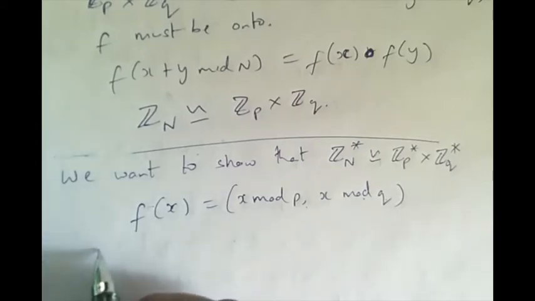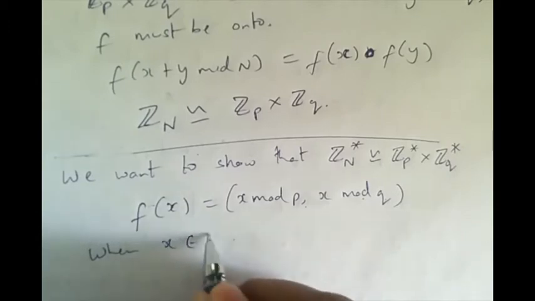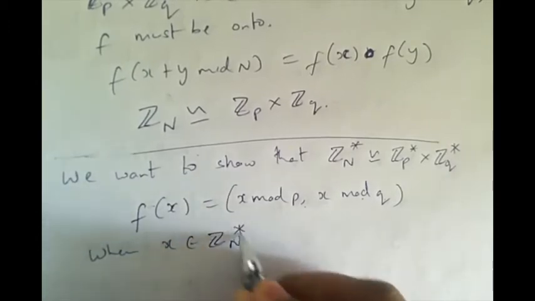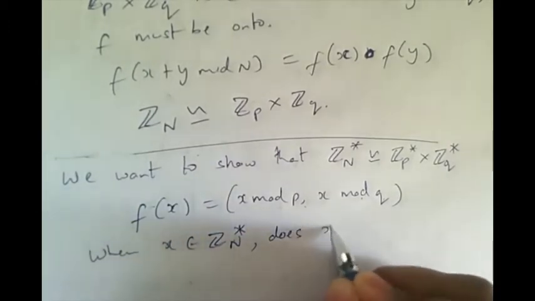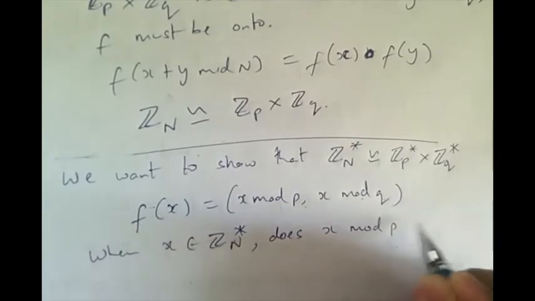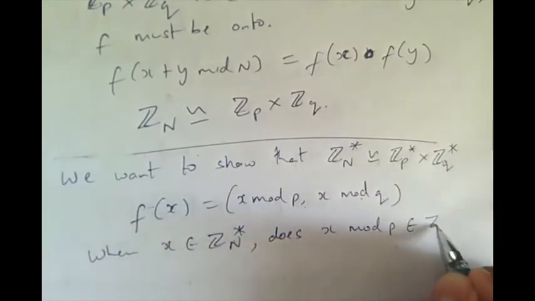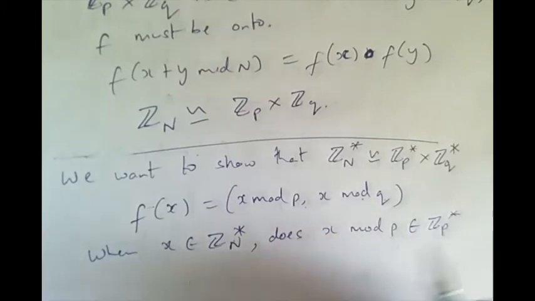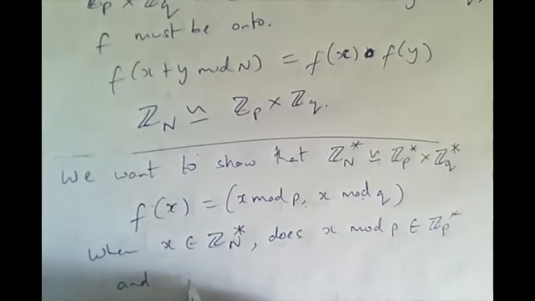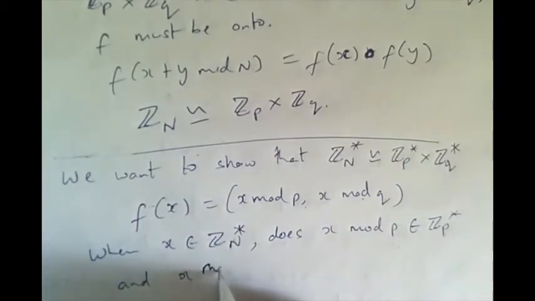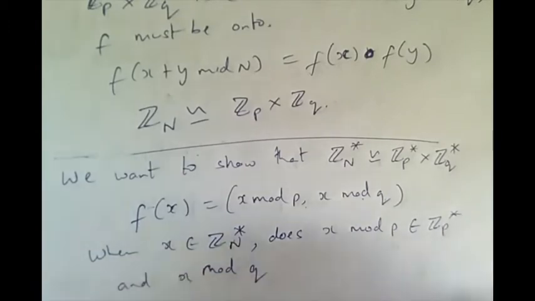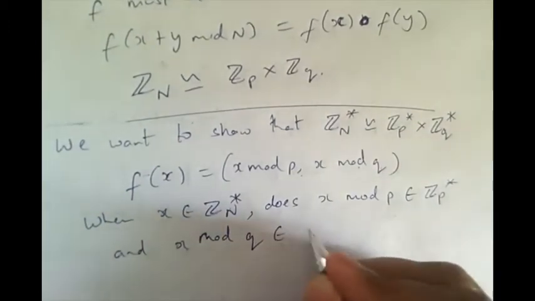So the question is, when x belongs to Zn star, does x mod p belong to Zp star and does x mod q belong to Zq star?